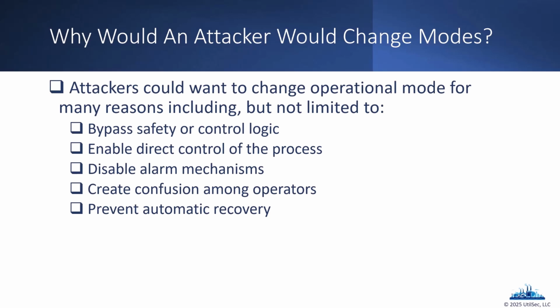We're also going to look at, and this is more for the next video, how do we disable alarm mechanisms. So if I'm an operator in an environment and an attacker is making changes to a process, by default, if those changes are going to cause some type of condition where there's going to be damage to the plant, safety issues, or a failure to the process that we need to step in on, we're going to want to get the operator's attention so they can step in and make changes to prevent the bad thing from happening.